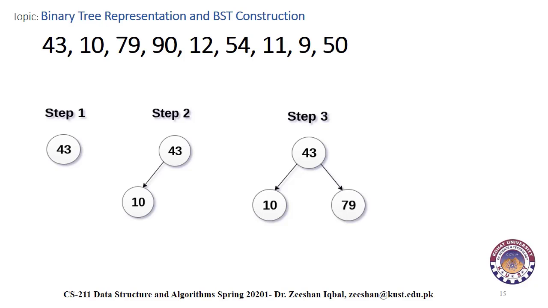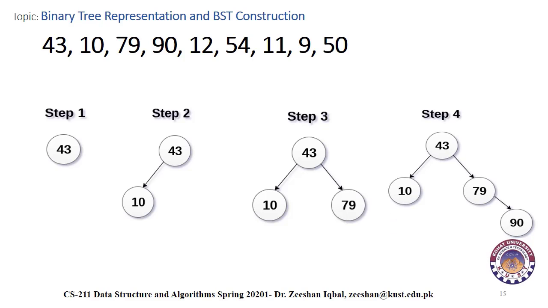We'll start by comparing it with the root node. 90 is greater than 43. So we'll come to its right. But the right already contains a value. So we'll again compare it with 79. 90 is greater than 79. So 90 will become the right child of 79.